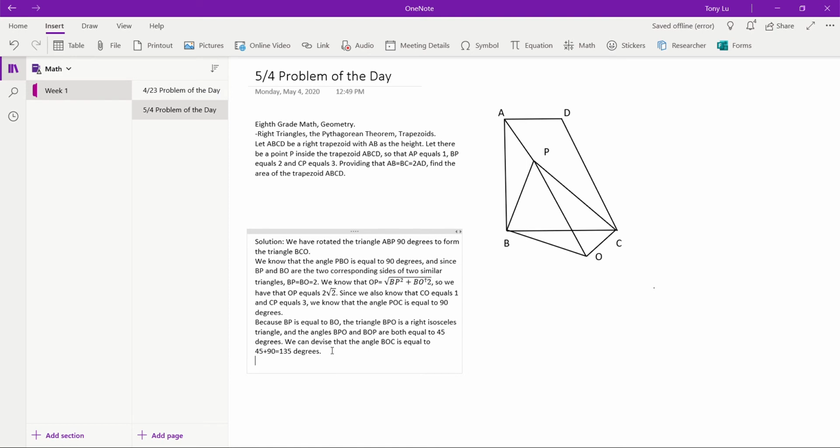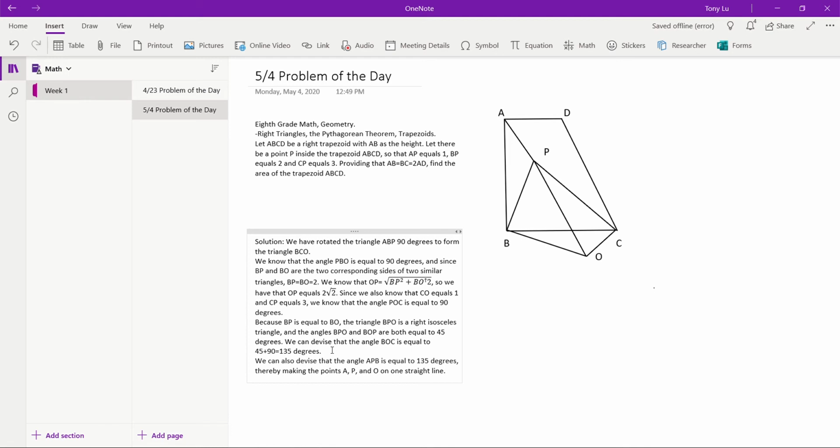We have shown that the angle APB is also equal to the angle BOC, so that we can also devise that the angle APB is equal to 135 degrees, thereby making the points A, P, and O on one straight line. This is a very important fact, that APO are on one straight line.